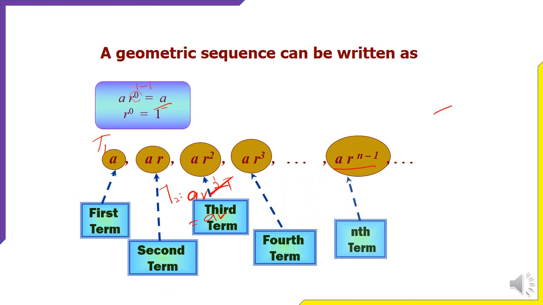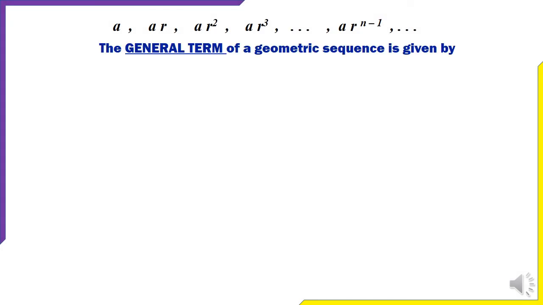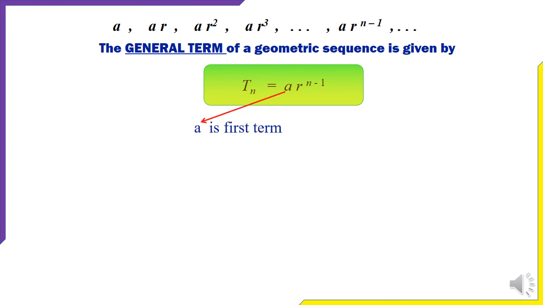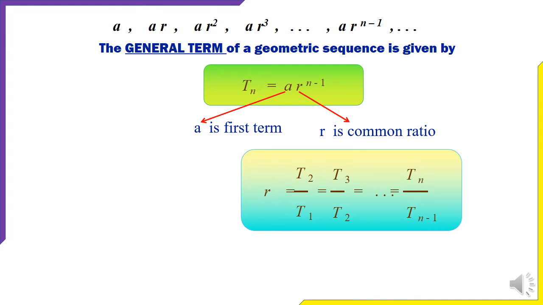Then we have the general term formula, the nth term equal to AR to the power of n minus 1. The general term of a geometric sequence is given by Tn equal to AR to the power of n minus 1, where A is the first term and R is the common ratio. You have to remember this formula to find the general term for each term in the geometric sequence.